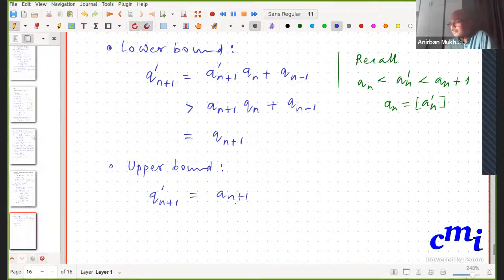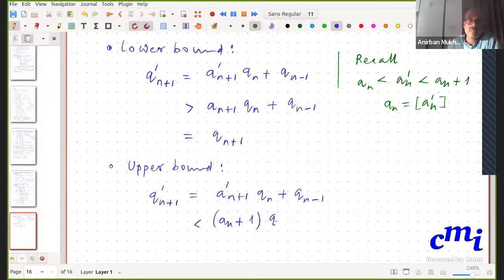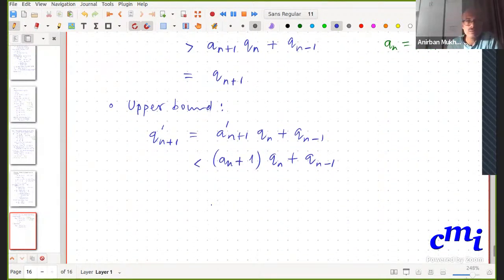So an plus 1 dash is qn plus qn minus 1, that's the definition, and then we use the other side of the same inequality.